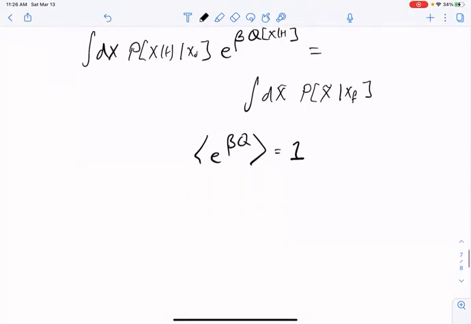From Jensen's inequality, the exponential is a convex function.